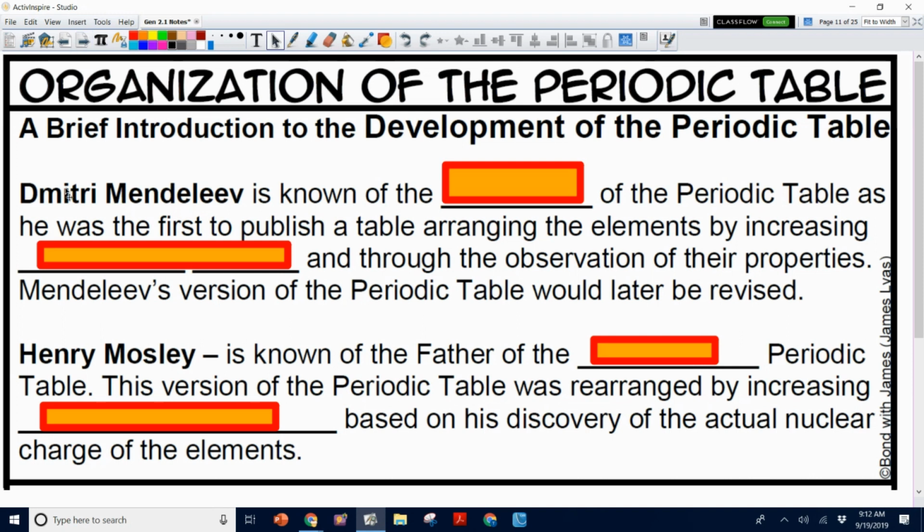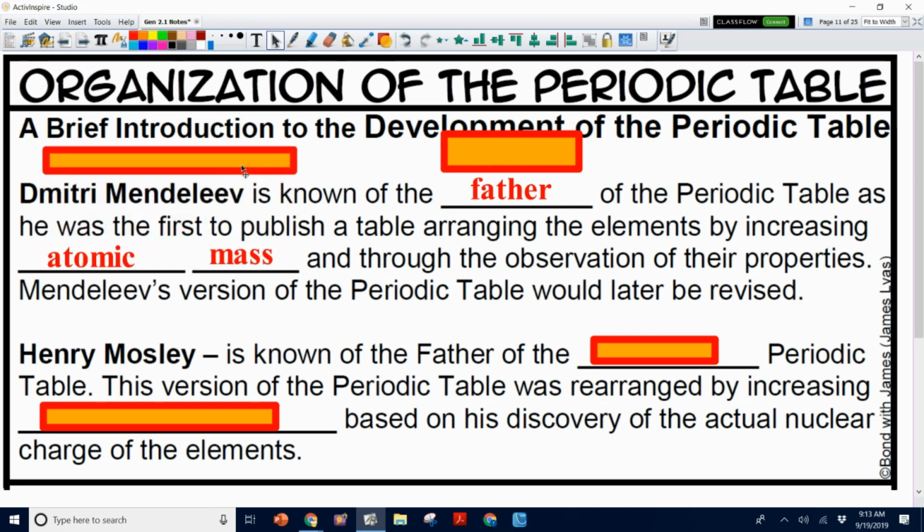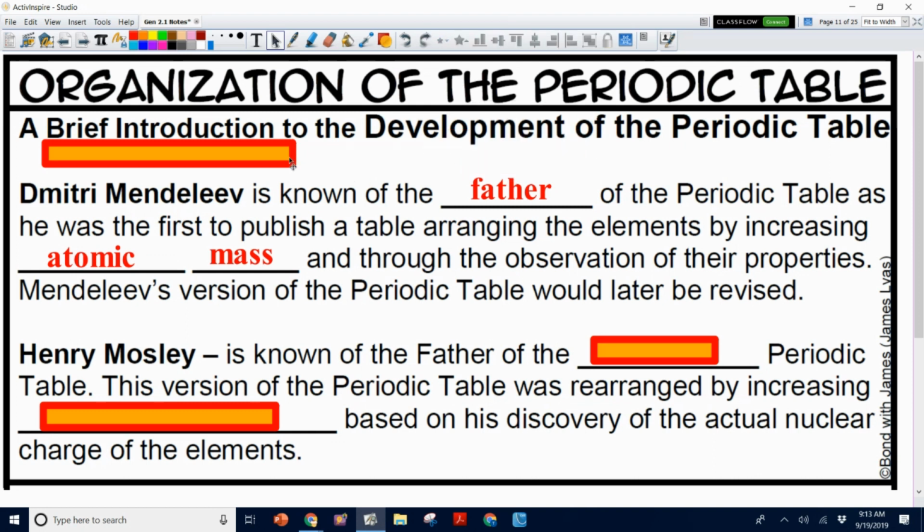He's Russian, and he is known as the father of the periodic table, as he was the first to publish a table arranging the elements by increasing atomic mass. So he arranged the table according to atomic mass.